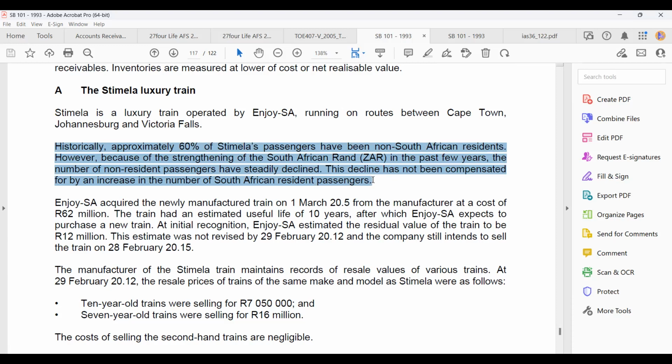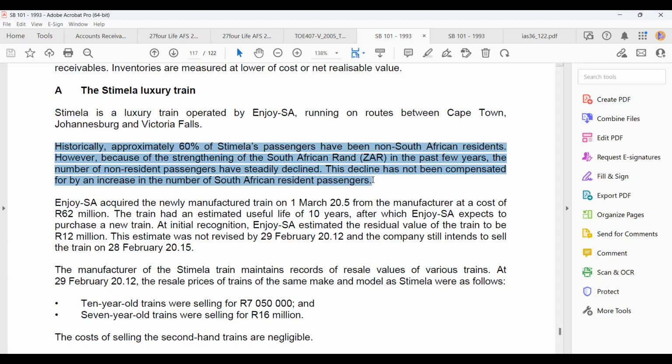Based on the impairment test, we had to process a journal entry for impairment. If the carrying amount exceeds the recoverable amount, you will impair. If the carrying amount is less than the recoverable amount, you do nothing. In this case, the carrying amount was more than the recoverable amount, so we needed to impair.